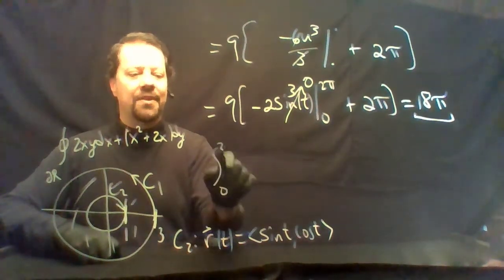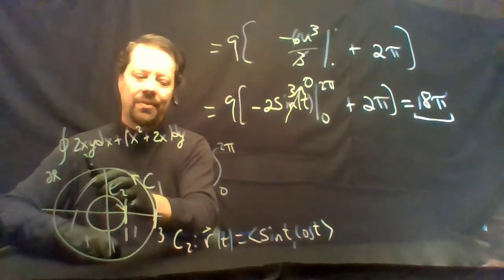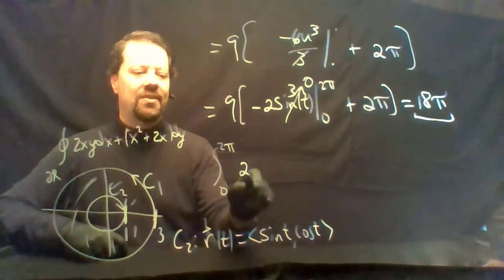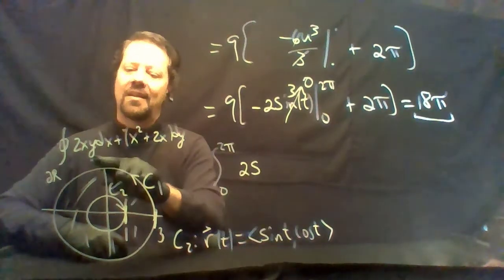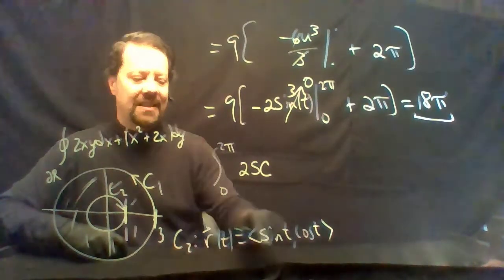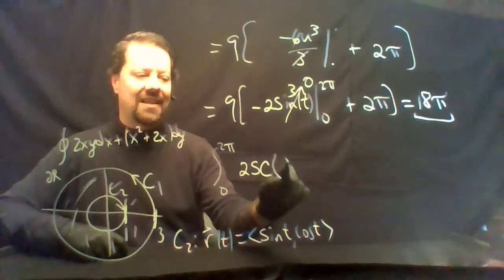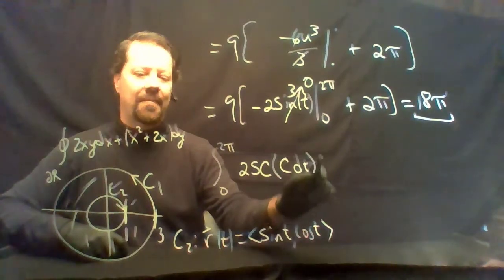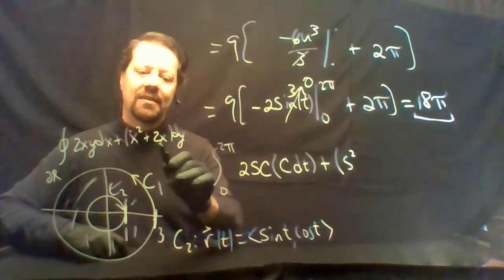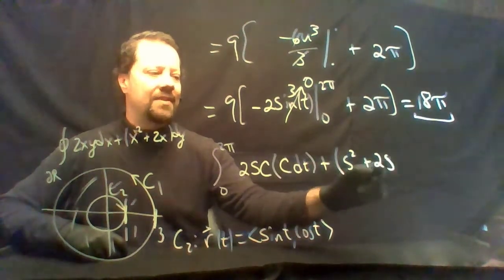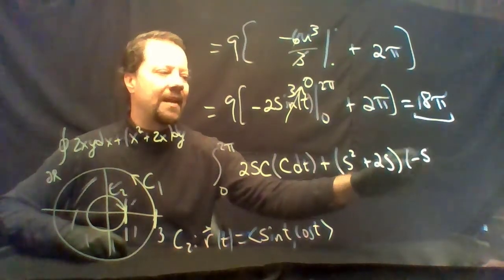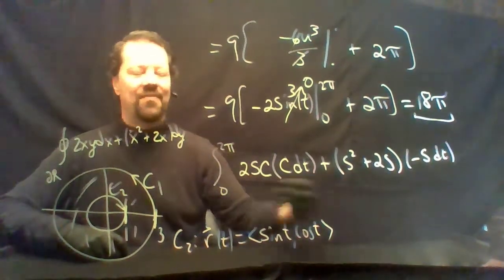We'll have the integral from 0 to 2 pi of 2x, that's 2 times sine in this case, times y, which is cosine, times dx. dx in this case is cosine dt. X squared is sine squared, plus 2 times sine, all times dy. dy is minus sine dt.